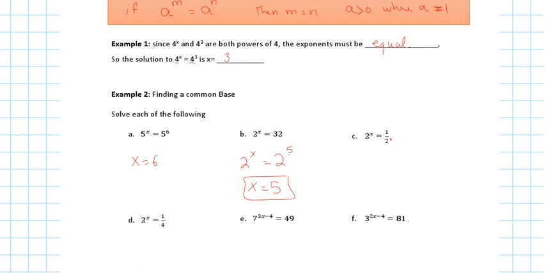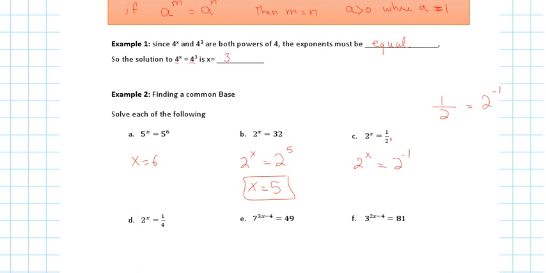So instead of 1 over 2, I can write it as 2 to the power of negative 1, right? Yes? Okay, so that means 2 to the power of x is equal to 2 to the power of negative 1. Right? So what's x equal to?